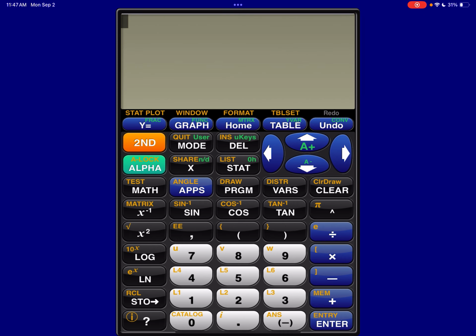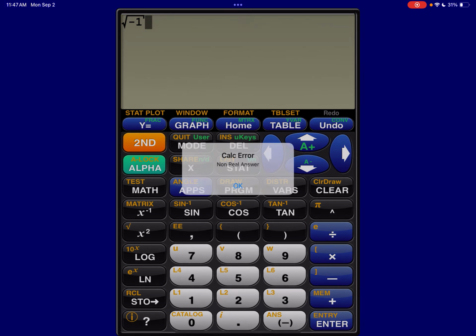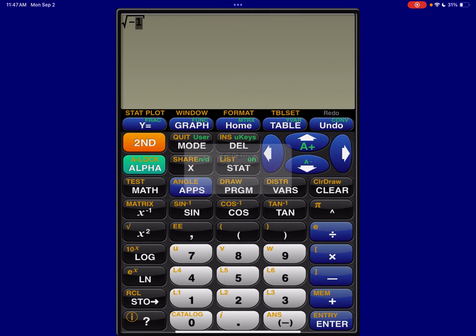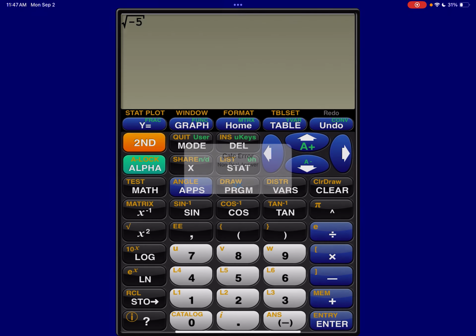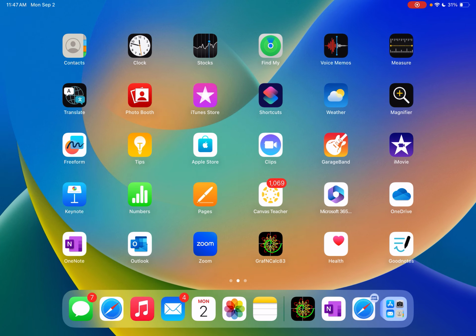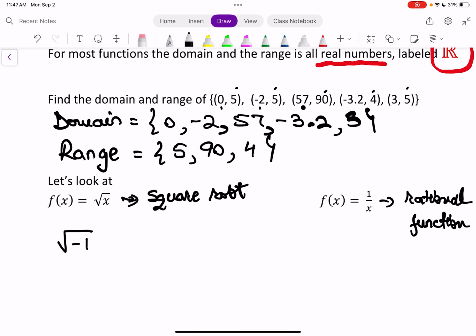If I put the square root and I put a negative 1 inside, it says no real answer immediately, right? Fine, put in negative 5, same thing. Any negative value that you plug in is not going to produce a real answer. Therefore, it cannot be part of the domain.